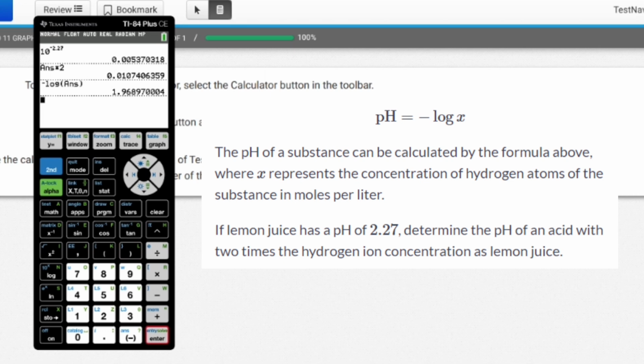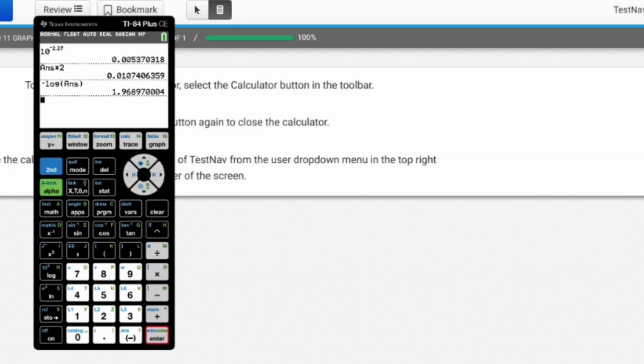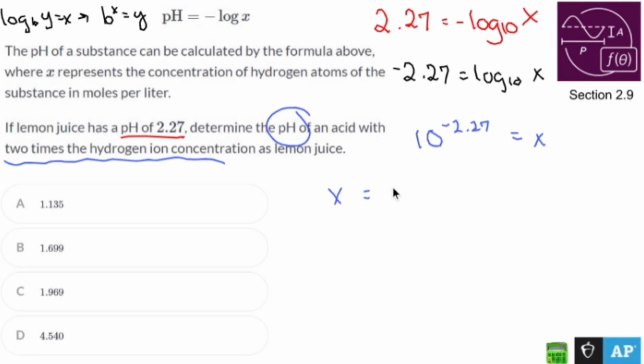So let me show you what that looks like back on the problem. All right, so in this case, x equals 0.00537.... I took that and multiplied it by 2 to give me 2 times the hydrogen atom concentration. And that gave me the number 0.01074.... Okay, so an acid with 2 times that has this, and I need to find the original pH of that.